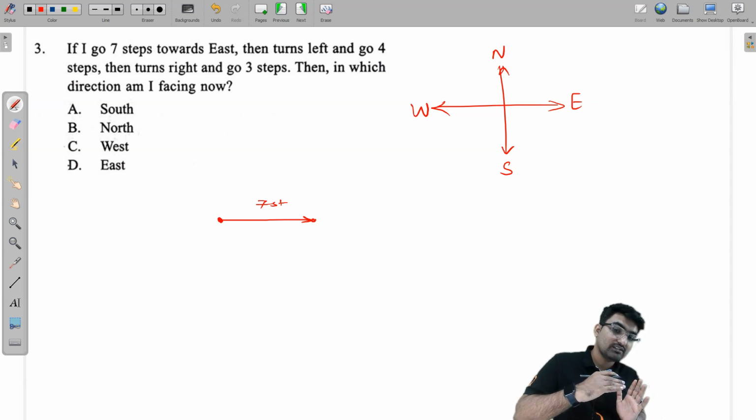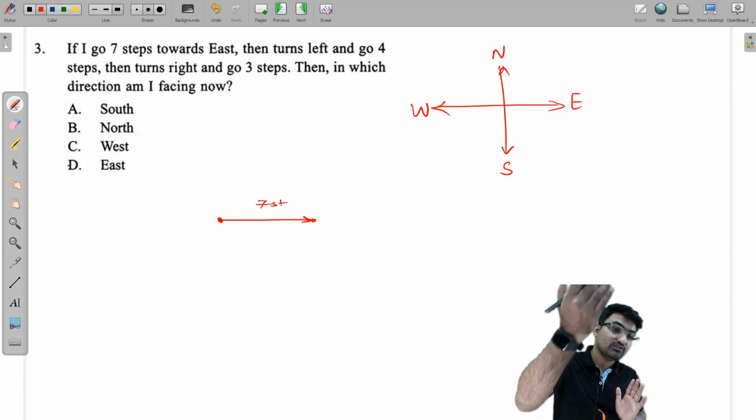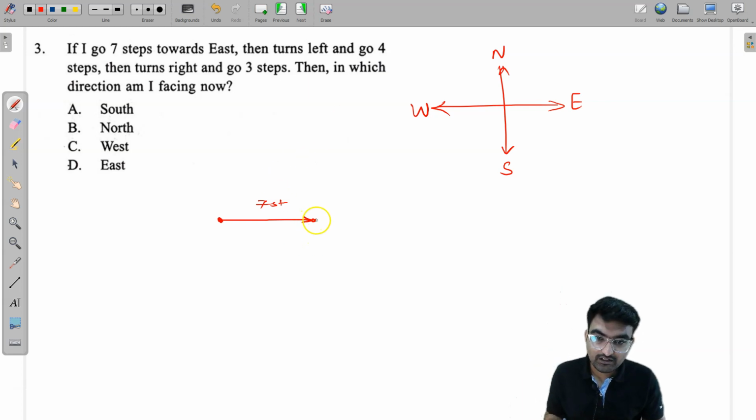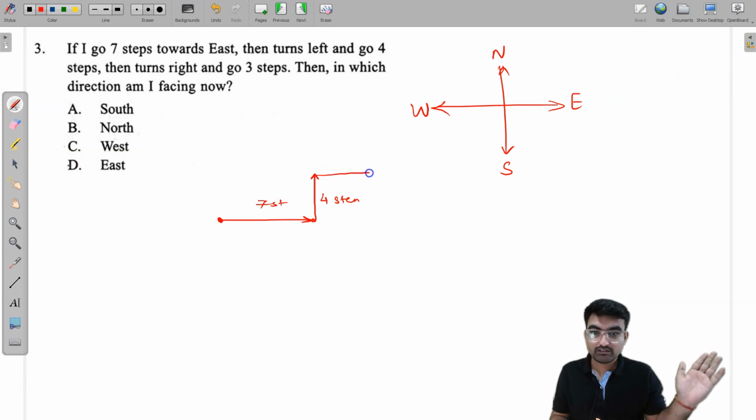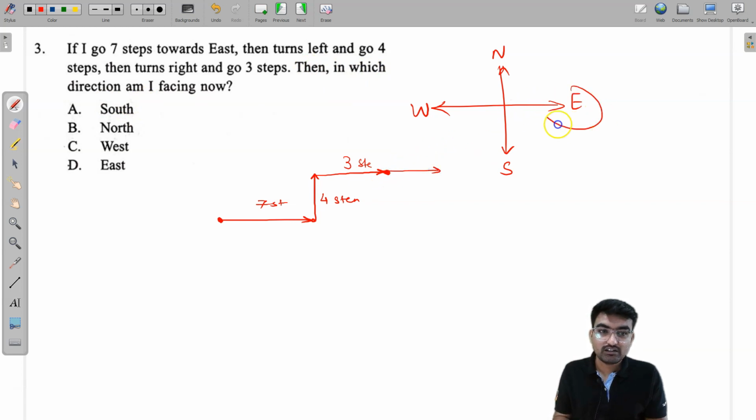Facing east, my left is on the upper side, right? So this is my left and I go 4 steps. Got it? And then I turn right. Now right is this side, so again right, and I go 3 steps. Then in which direction am I facing now? As you can see, I am facing east. Correct? So option number D.